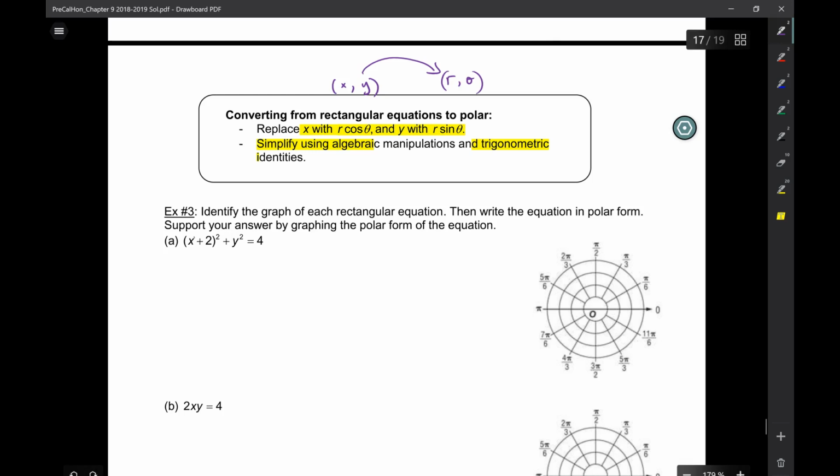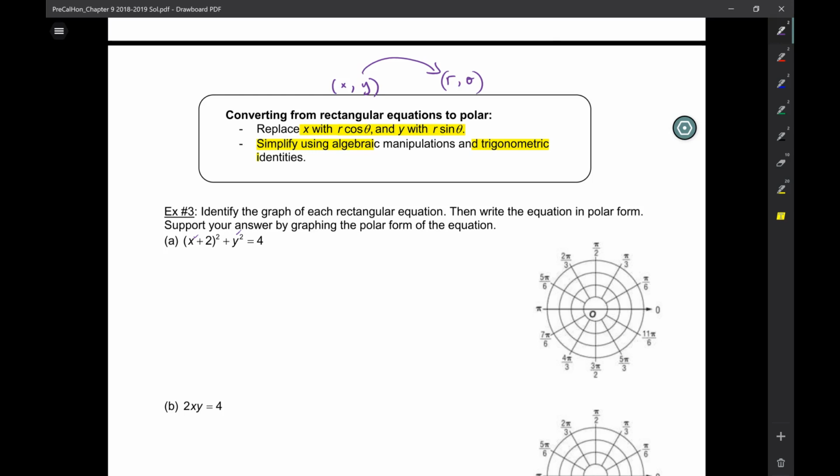X is squared, y is squared, but also x squared and y squared have the same coefficient. If it was x squared and 2y squared, it could be an ellipse. So you know it's a circle when it's x squared and y squared with the same coefficient.